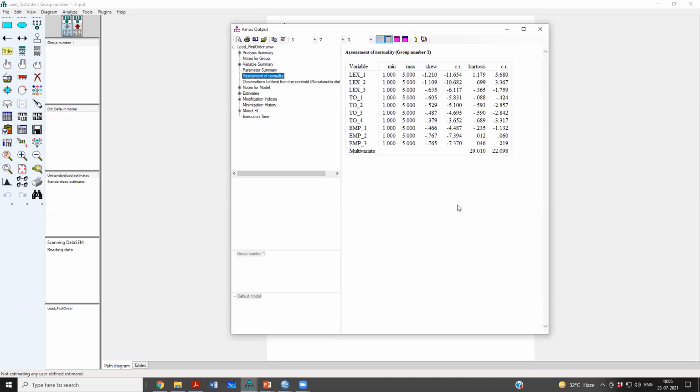And it is definitely not a continuous scale because it has limited options, 1 to 5 or 1 to 7.